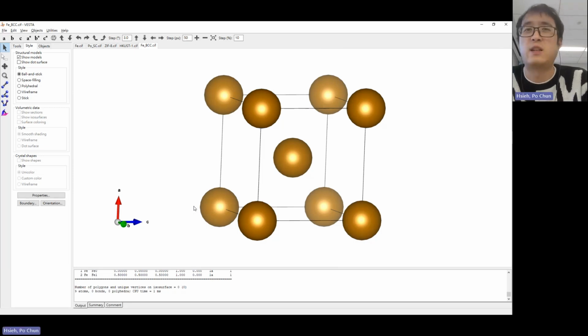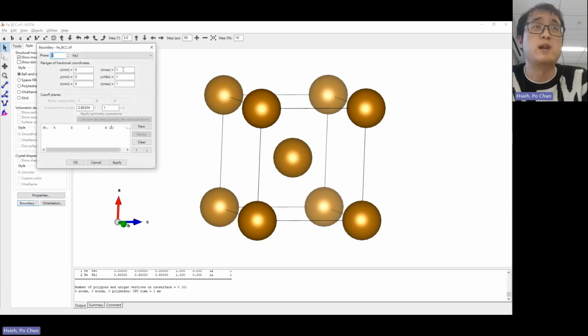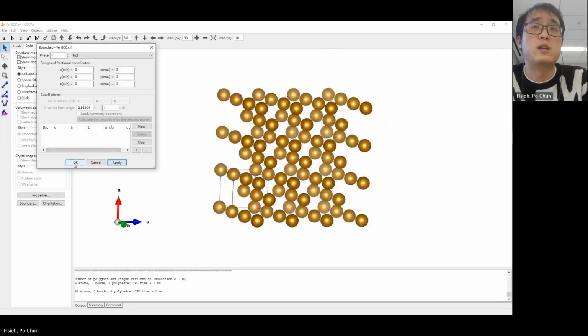Or you may say that, clearly this iron is in the corner, and this iron is in the center of the cube. How couldn't I differentiate between them, right? So we have to look at a bigger picture. I can make the repeating units more here.